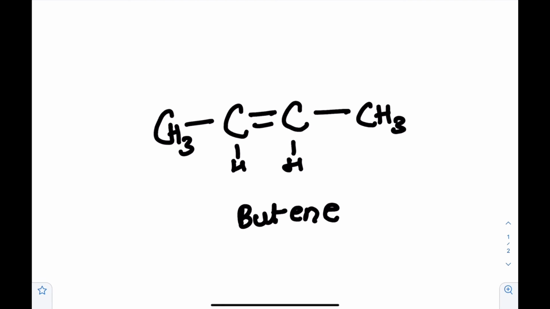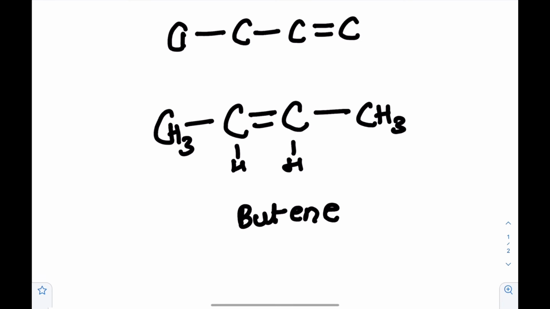But now I want you to think about it. If I just write butene, what about if the structure was like this? Are both of them the same thing? Do you see the difference in position for the double bond? There's no way that I can distinguish which one I want.